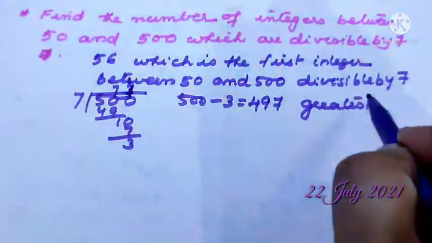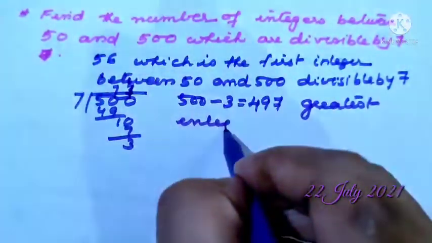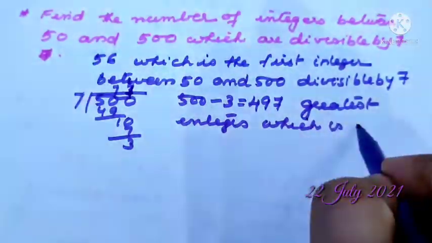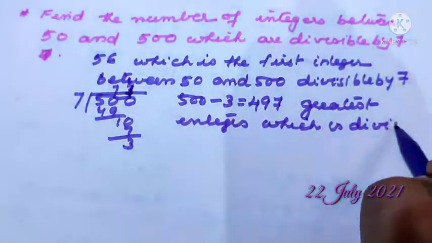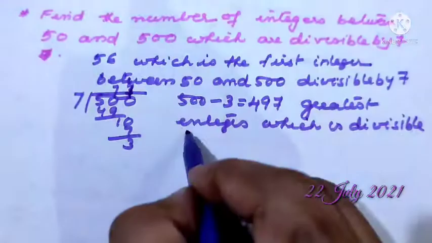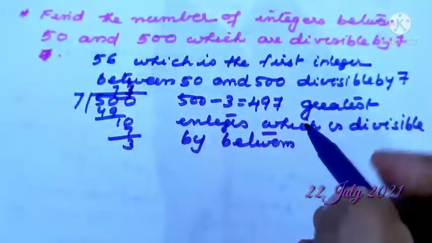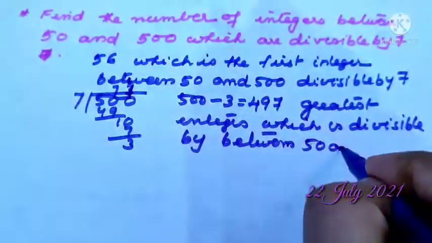Greatest integer which is divisible by 7 between 50 and 500.